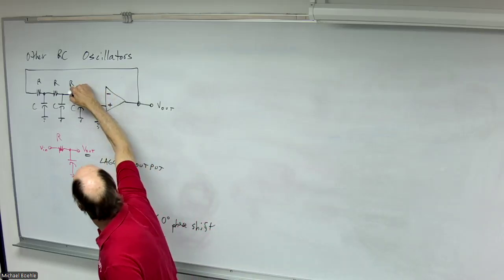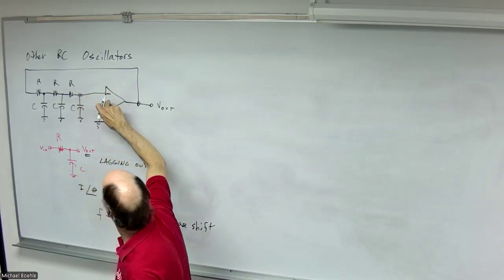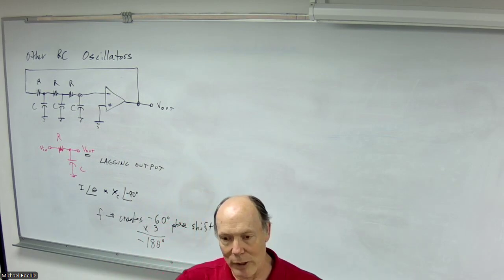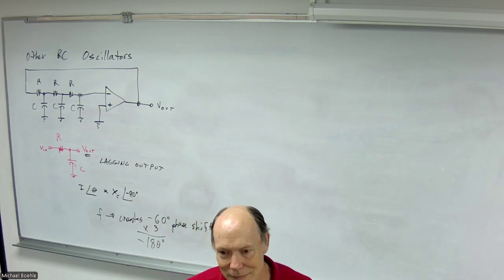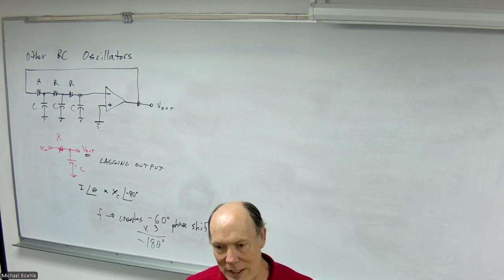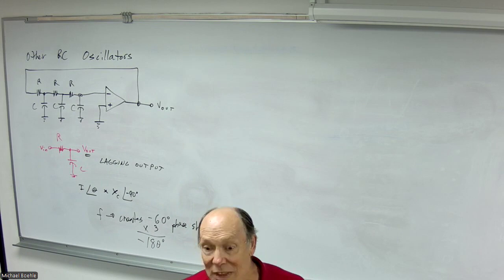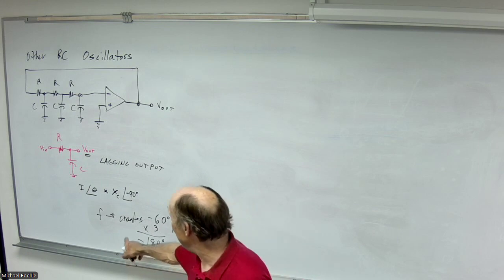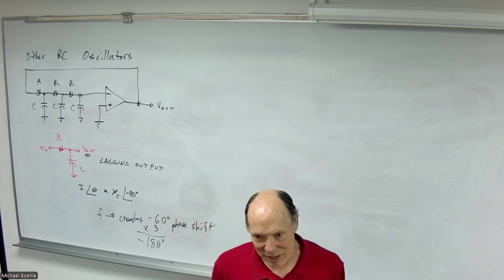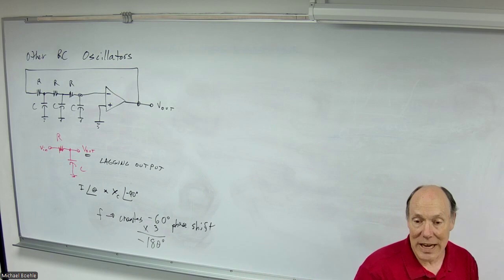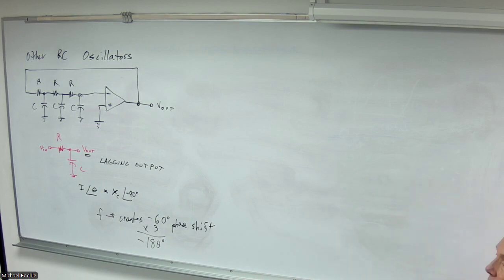Note that the input from that circuit goes into the inverting amplifier. And so now if I invert and invert, what am I back to? I'm back to the original, which means at that frequency, I have positive feedback. Any other frequency other than this, I don't have positive feedback. So that's basically the idea of how that's going to work.